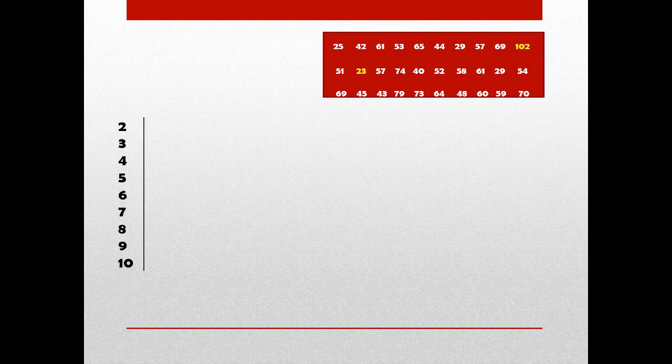And notice, I started at 2, which was my minimum stem. I went to 10, which was my maximum, and I put all the numbers between 2 and 10. 2, 3, 4, 5, 6, 7, 8, 9, 10. Now, I don't know if there's going to be data values for all those. All I know is that I have my minimum and I have my maximum and every number between.